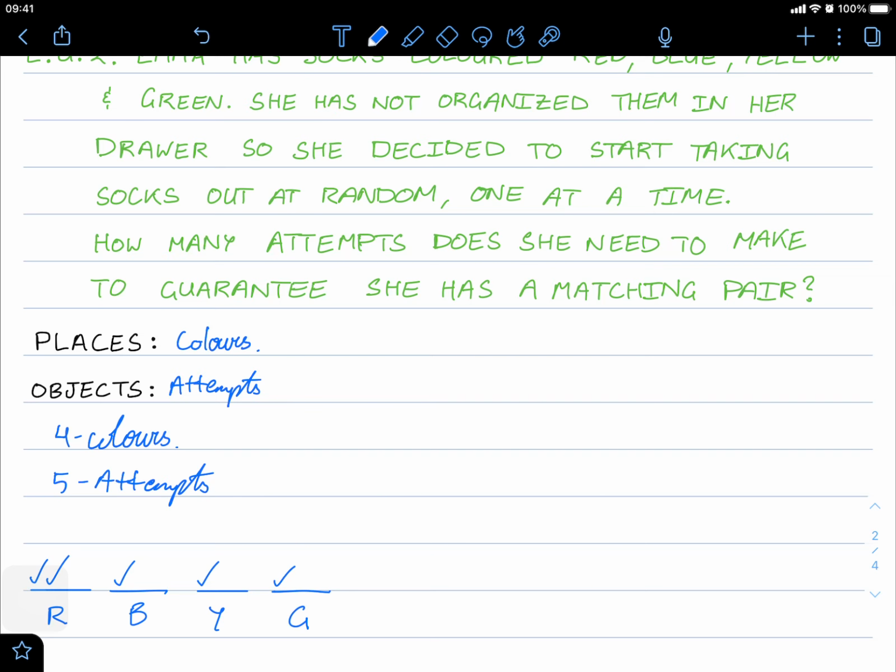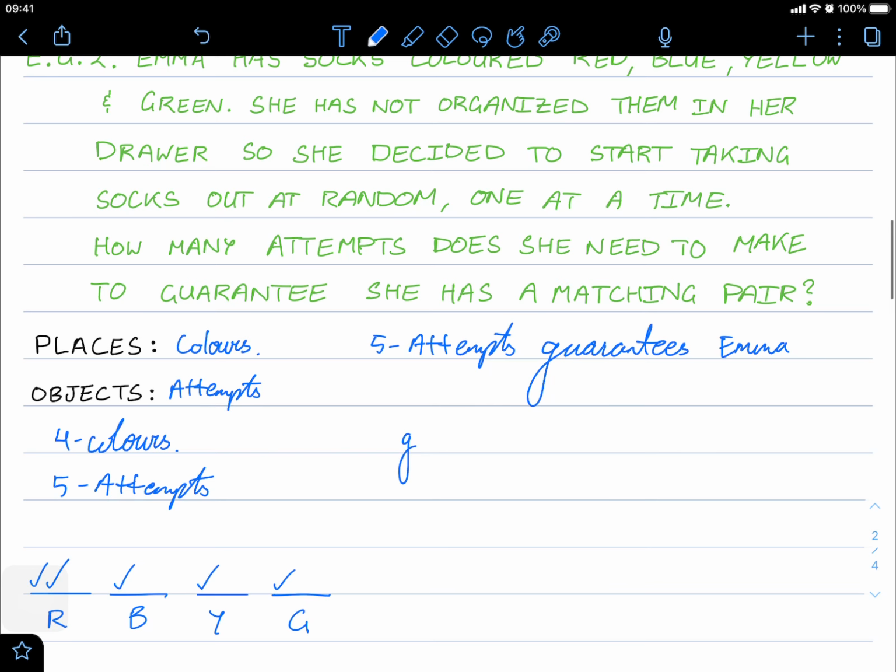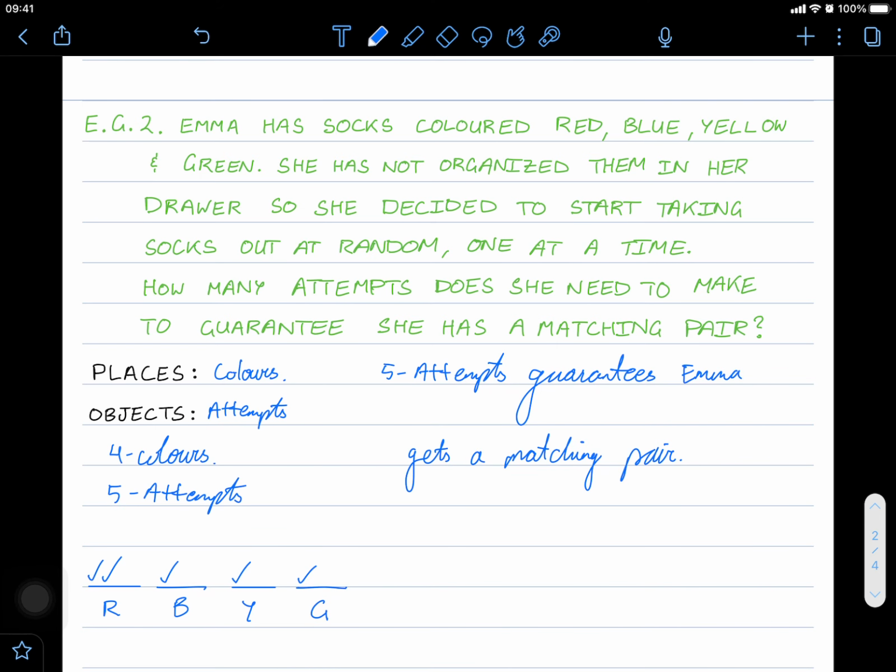Just answering this in a sentence: 5 attempts guarantees Emma gets a matching pair. And there we have it.